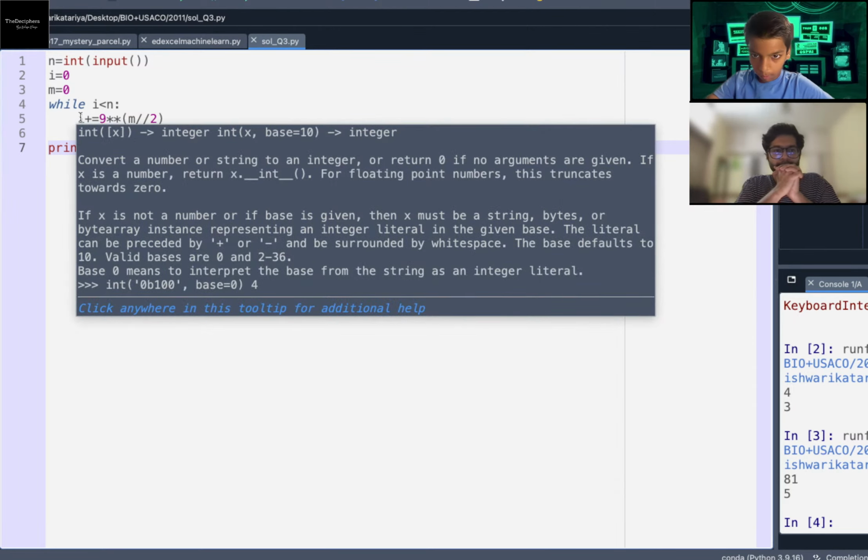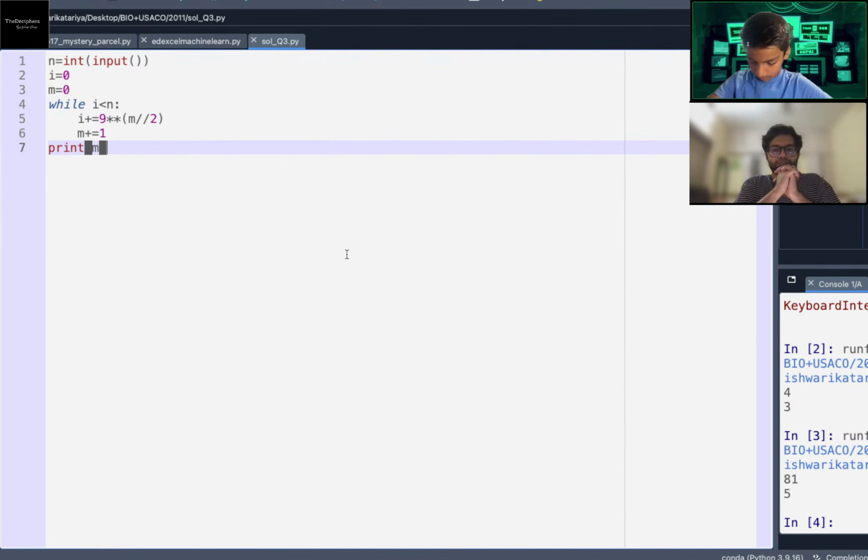Why? I think for the input 4, it's supposed to be 3. Wait, no, I think it's supposed to be 2, because for number 2 it's 10.